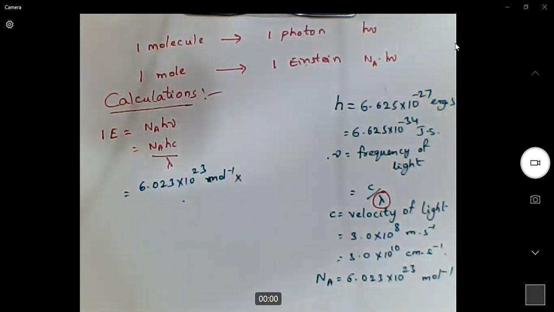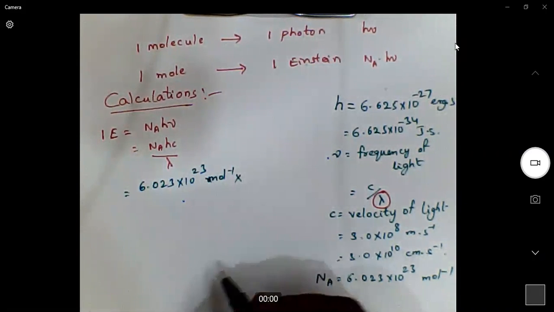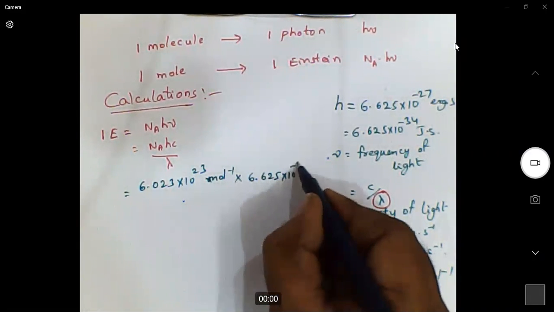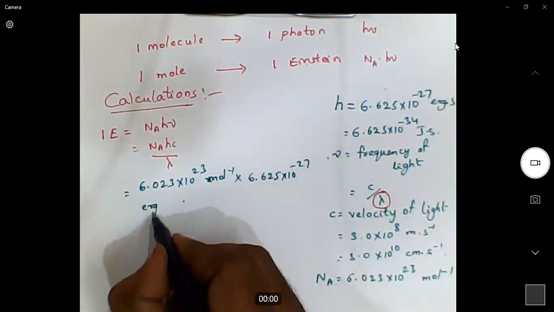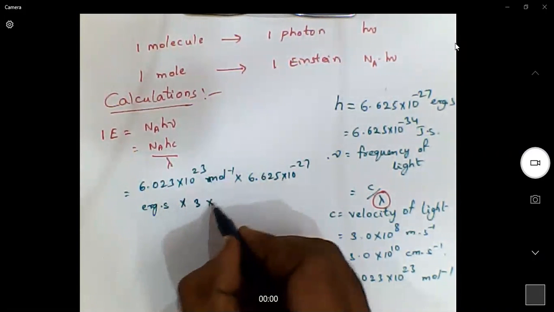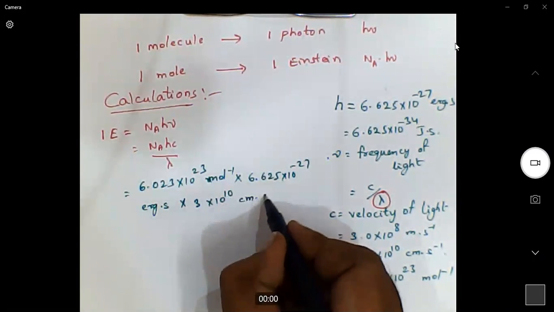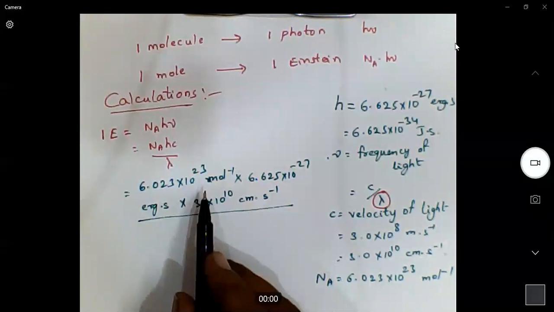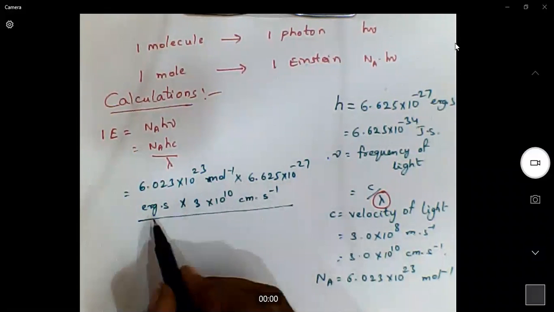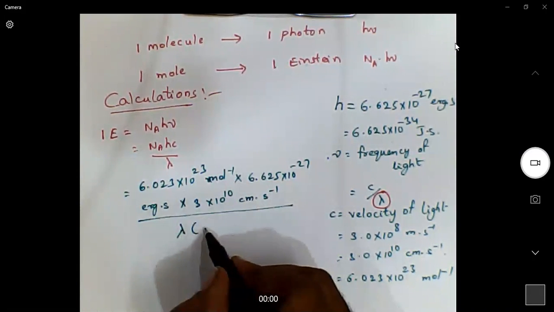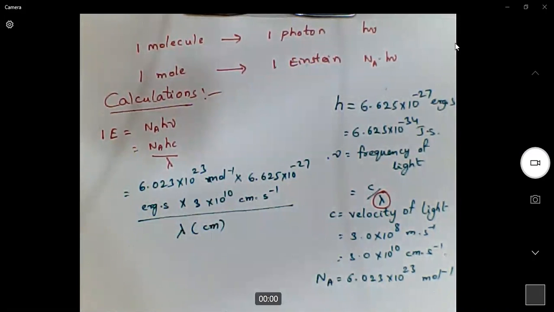What is Planck's constant? 6.625 into 10 power minus 27 erg second. What is the velocity of light? It is 3 into 10 power 10 centimeters per second, divided by lambda. We have substituted all the quantities in CGS units, ergs and centimeters, so lambda must also be substituted in CGS units. What are CGS units? Centimeters.